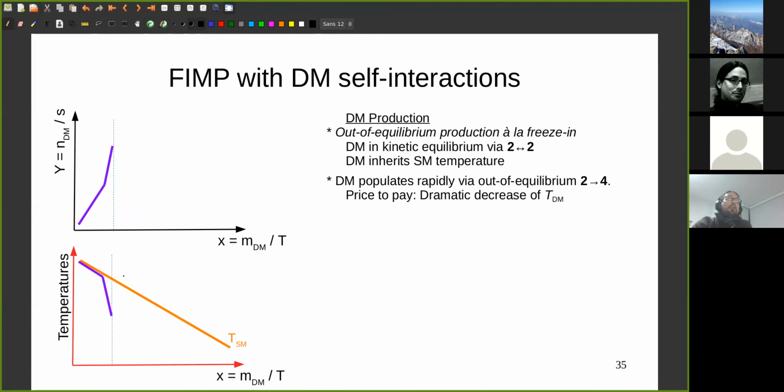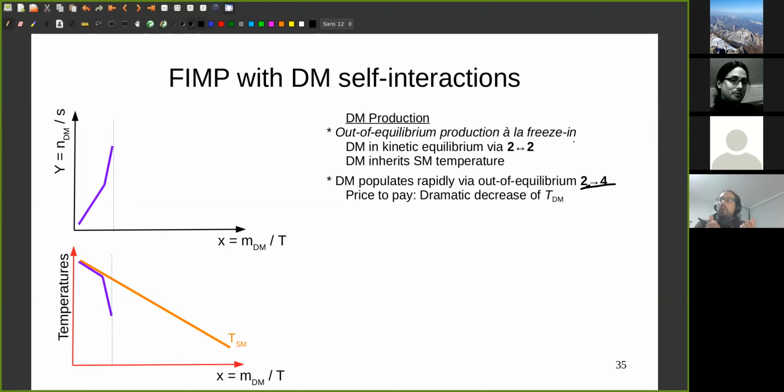However, at some point, we'll reach chemical equilibrium. Before that, the dark matter population will rapidly rise via out of equilibrium 2-to-4 processes. So we can have production of dark matter out of itself: 2 dark matter particles annihilating into 4 dark matter particles. And the price to pay is a decrease of the temperature.